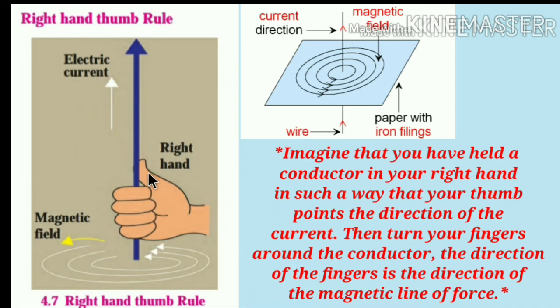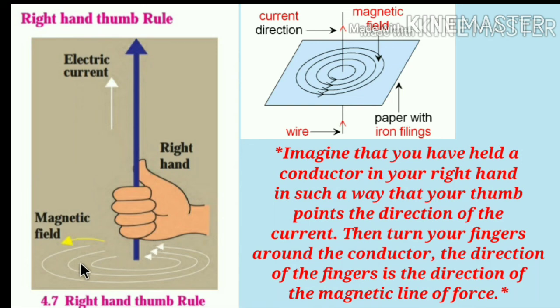The thumb shows the upper side direction, that is the direction of electric current, and then turn your fingers around the conductor. These curled fingers around the conductor show the direction of the magnetic line of force.